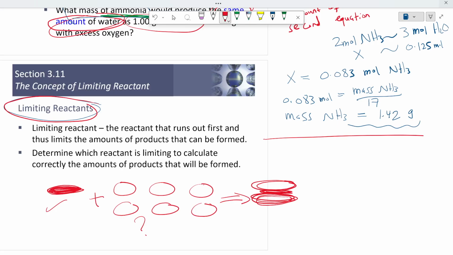So why does beef limit the amount of the product? Because it's consumed completely. Here in this process, we consumed the entire amount of beef and 2 pieces of bread, while 4 pieces will remain without reaction, or we will not touch them. These are called excess reactant.